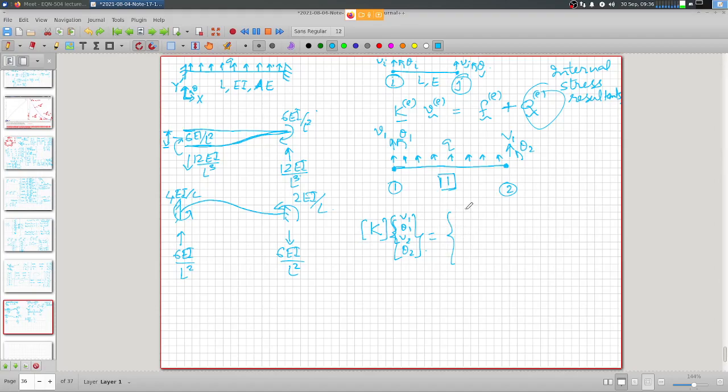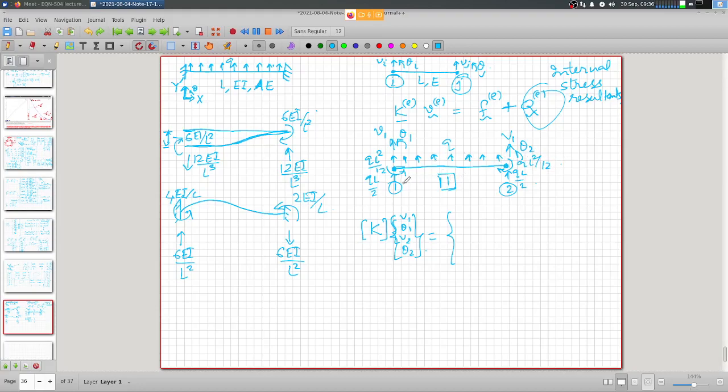What will be the forces? Forces are going to be QL by 2, QL by 2, and this is going to be QL square by 12, QL square by 12.